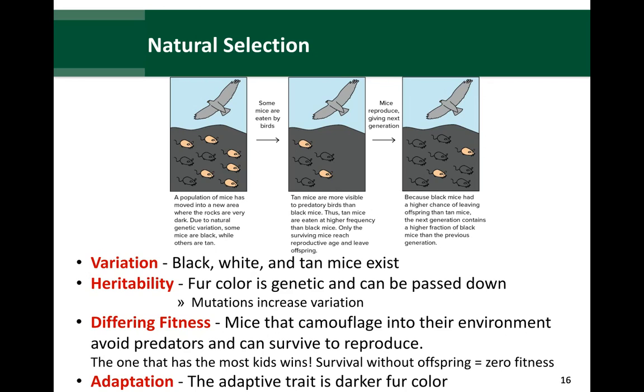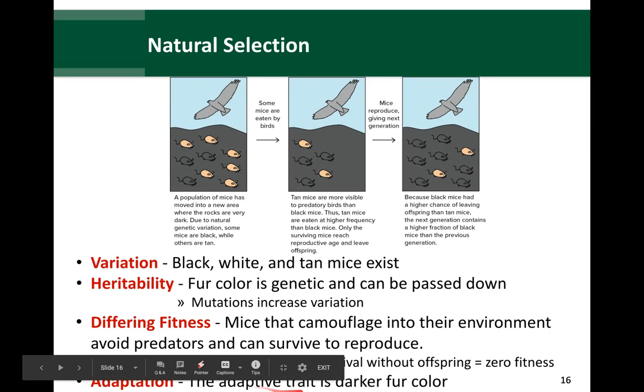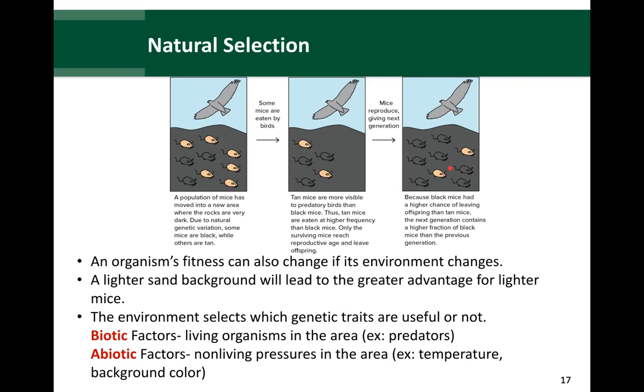And survival without offspring, even though you survive, if you don't pass your traits on to offspring, you have zero fitness. So the ones that are more likely to survive here are the darker mice. And as long as they have offspring, as you see here, they have a higher fitness. So that's where the differing fitness comes in. And that leads to an adaptation, which is the adaptive trait, in this case being darker fur color.